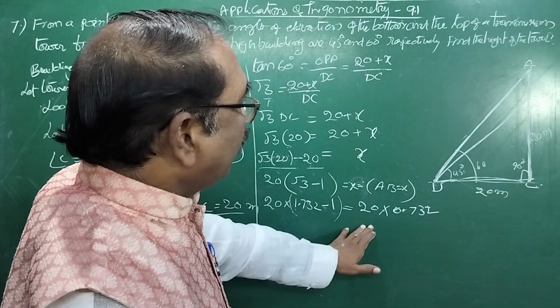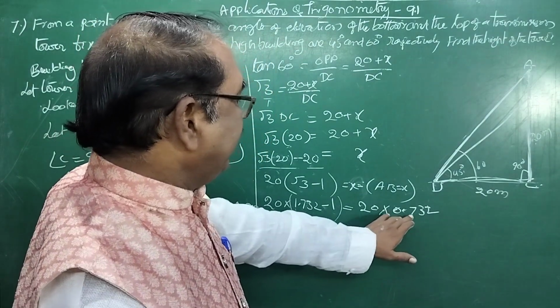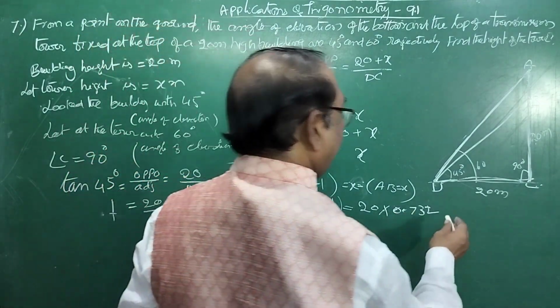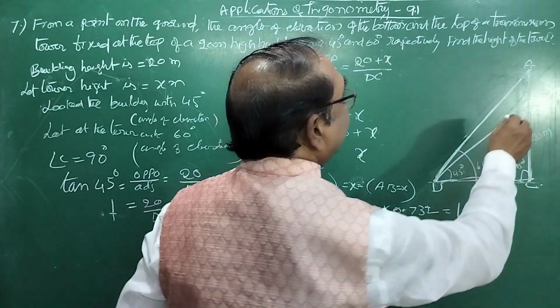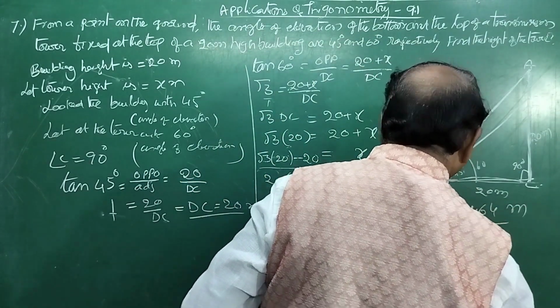Let us multiply 20 into 0.732, which is equal to 14.64. These are all meters.